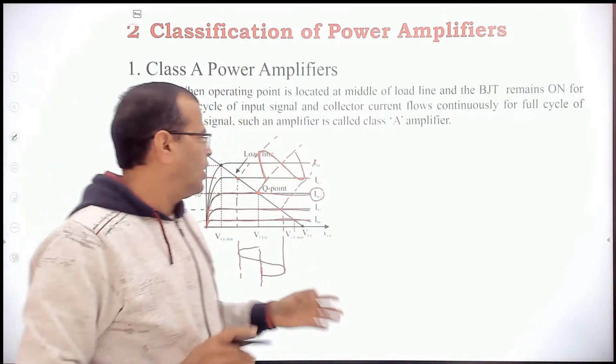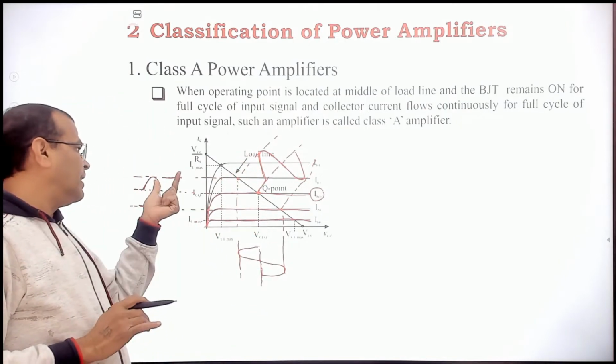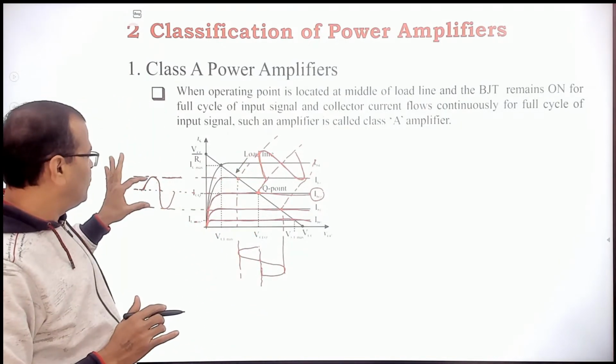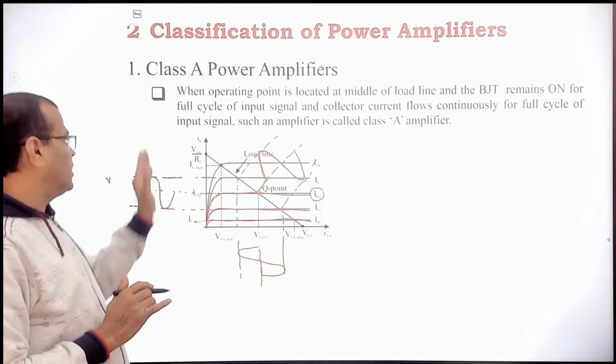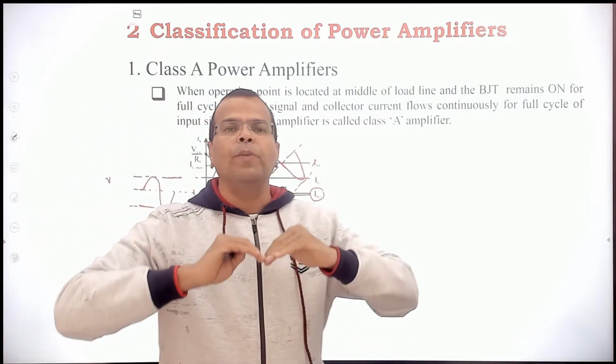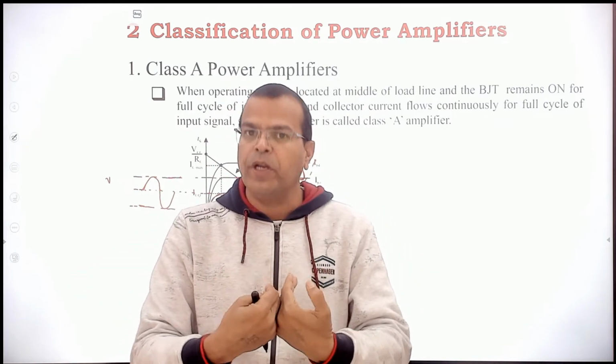When your input current is sinusoidal, the collector current is also sinusoidal. Remember, this seems small in amplitude, but base current is in microamperes and normally the collector current is in milliamperes. So the output current is sinusoidal for sinusoidal input current.